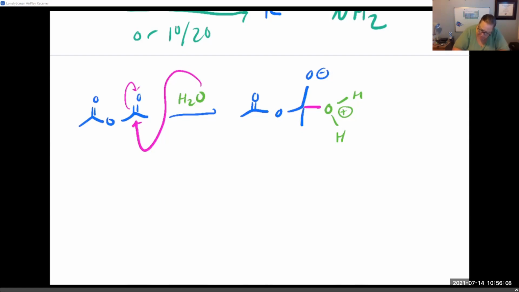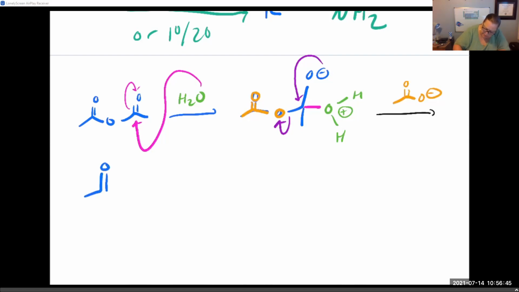I'm going to kick off my leaving group. Now, in this case, my leaving group is acetate, right? So this group right here is my acetate leaving group. It's going to come off as a negative species. This carboxylate, I'm now going to have this guy here.